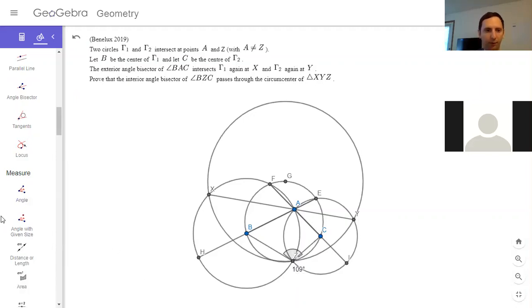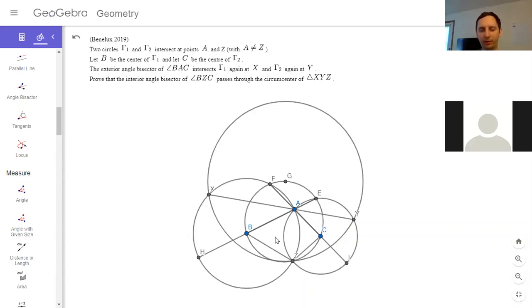Whoops, 109, and angle BZC is also 109. Yeah, I feel like there's probably a simple way to see that. So XZY is XZA plus YZA, which is XHA plus YIA. So we can use an angle chase to show that.